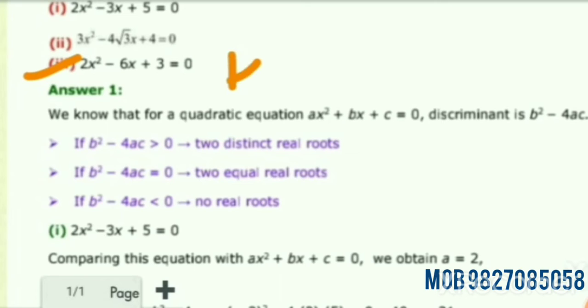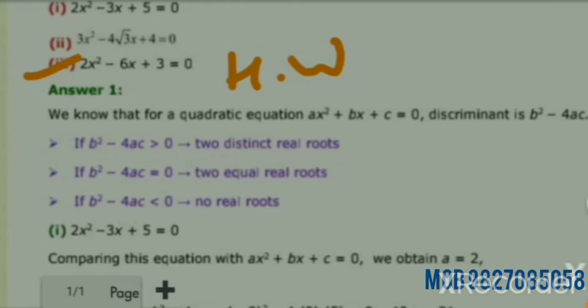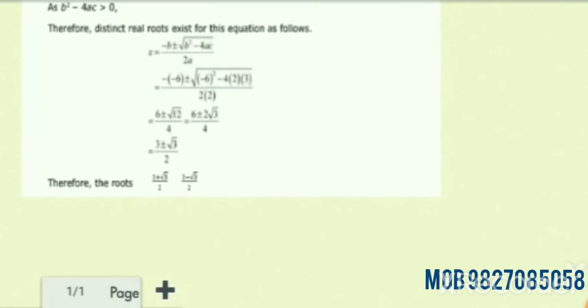You have to solve it on your own. The value of D is equal to 12, so we can say roots are real.